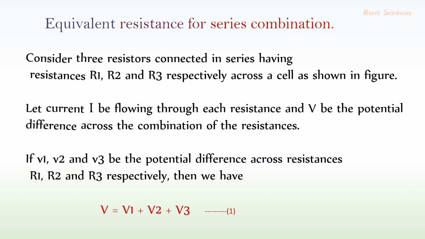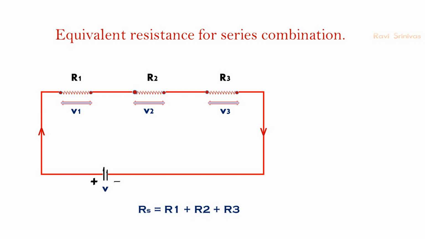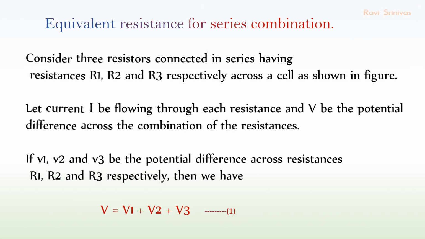If V is the total potential difference, then V1 is the potential difference across R1, V2 is the potential difference across R2 and V3 is the potential difference across R3, such that V equal to V1 plus V2 plus V3.